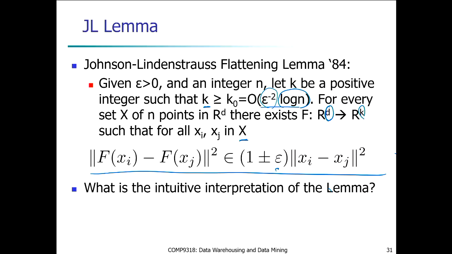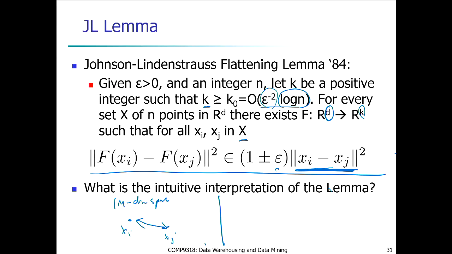So if you have 1 million points, log n is about 20. So you can reduce high dimensional data into a low dimensional space such that any pair's distance in the original space is approximately well preserved in the projected space. Think about, let's say, a 1 million dimension space. You have any 2 points, xi, xj, and they have a certain distance.